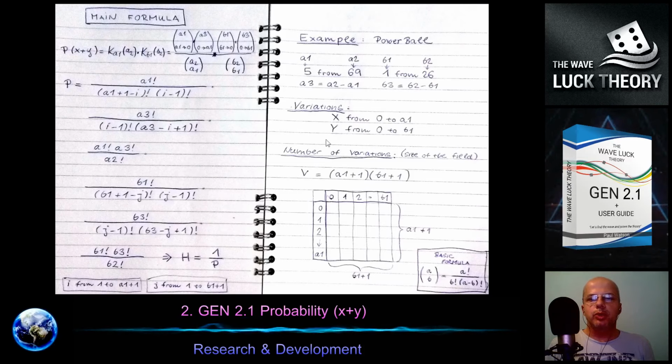And from that we have to calculate the number of variations, and it's equal to A1 plus 1 like we have here, multiplied by B1 plus 1. In case of Powerball, the number of variations is A1, which is 5, plus 1 is 6, times B1, which is 1, plus 1 is 2, so 6 times 2 is 12.